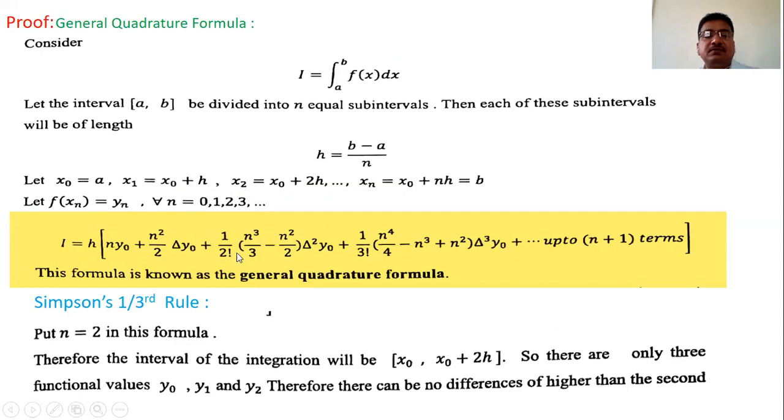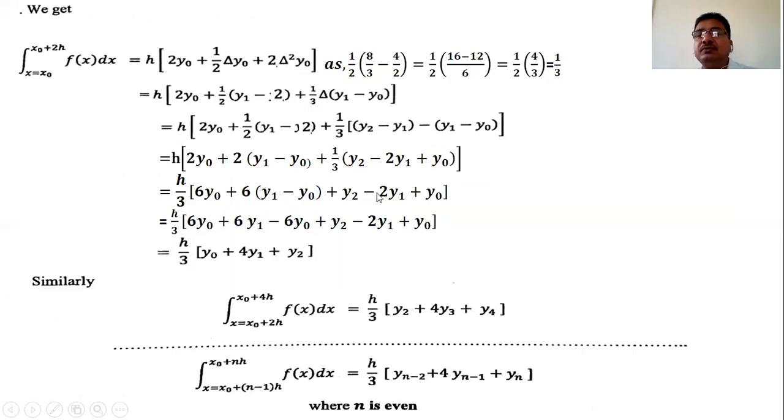What is the number? 1 by 2 factorial means 1 by 2. And so we have the answer 1 by 3. So here write 1 by 3. Then here write 2.